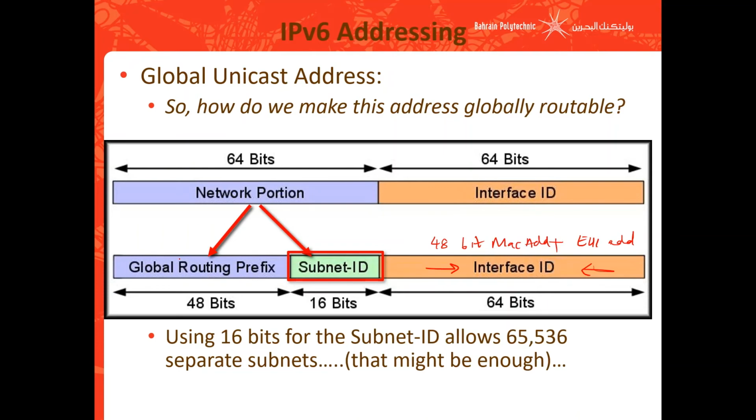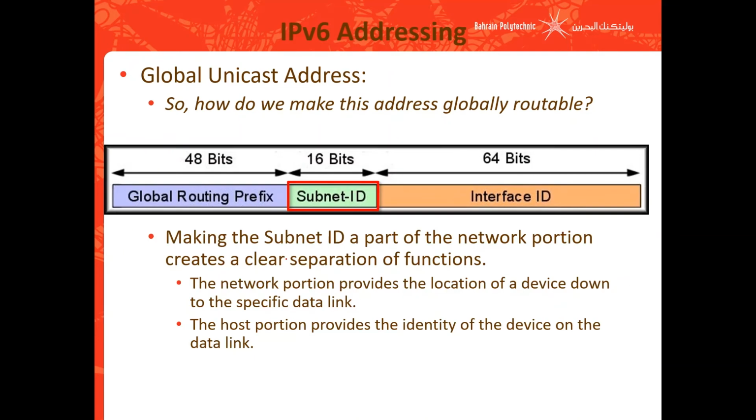Here the network portion has the subnet ID that we just spoke about, and then there is also something called the global routing prefix. This comes from your ISP. So you have 16 bits that are dedicated for subnets, and then you have 48 bits that are dedicated for the global routing prefix, which comes from the ISP.